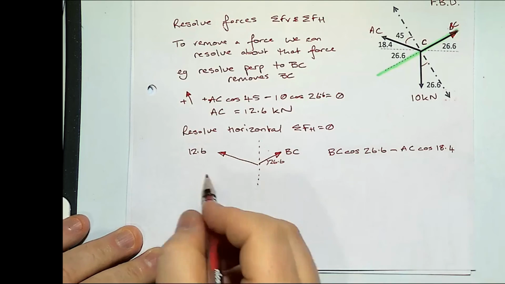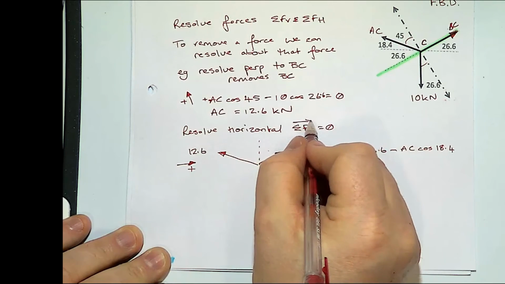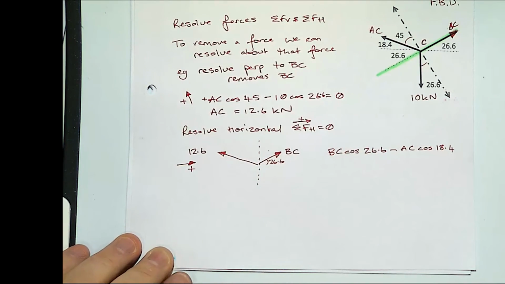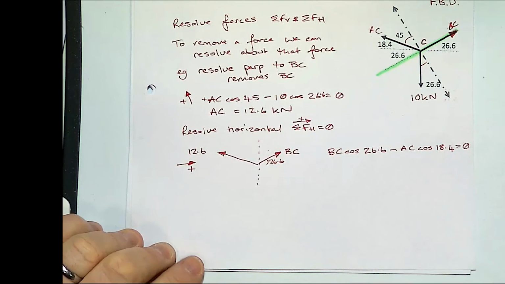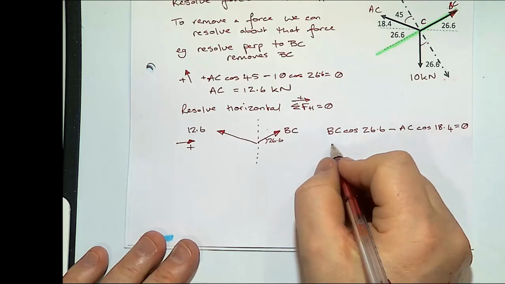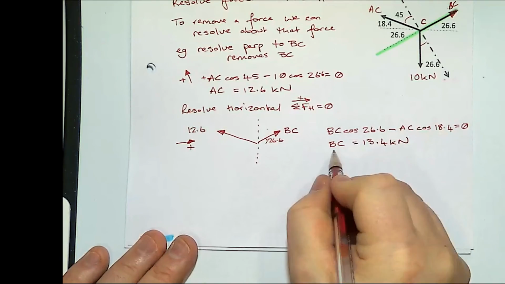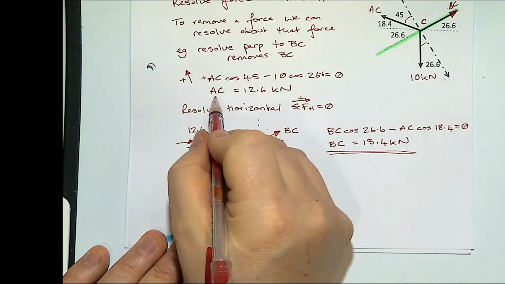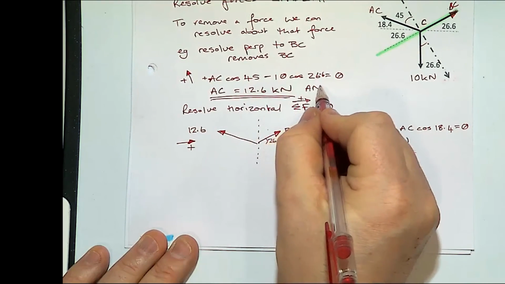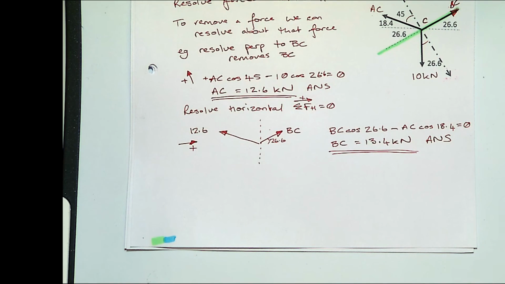So we're seeing that everything going this way is positive. And all of that equals 0. BC is 13.4 kilonewtons. Very much feels like vectors when you have such a small cable.